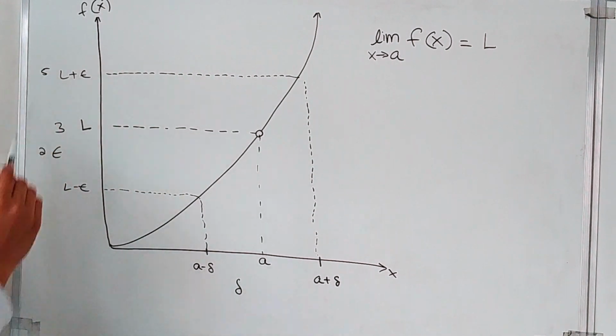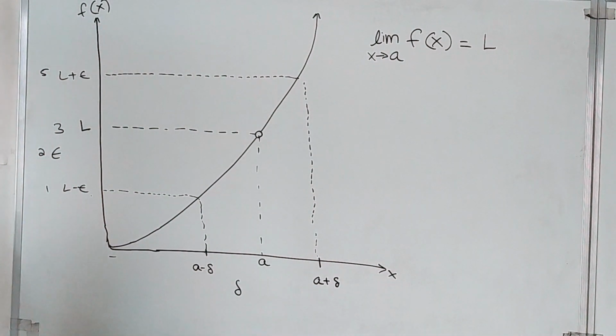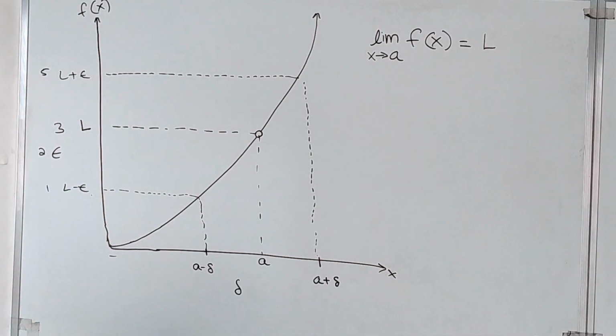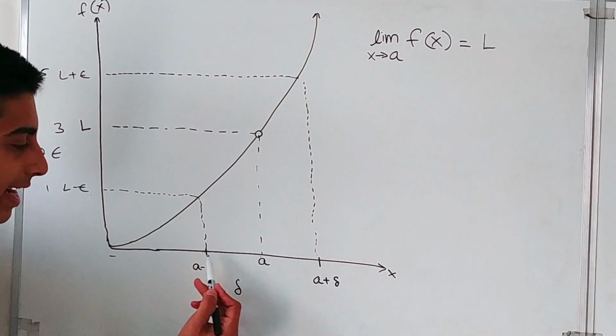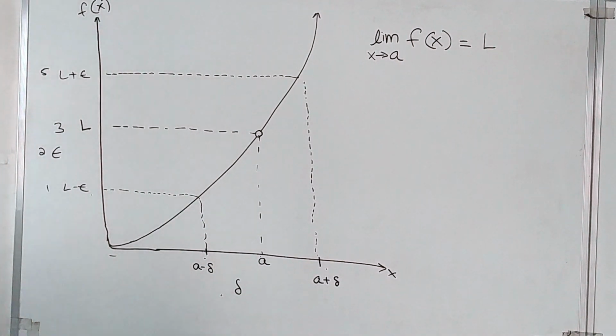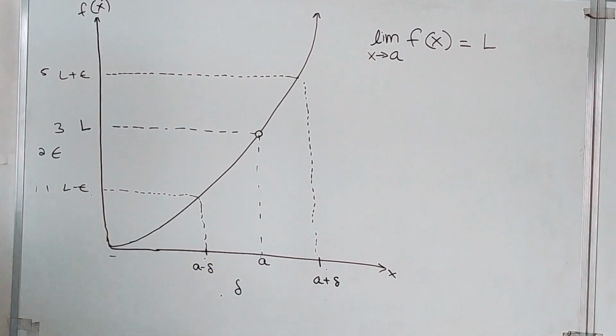So this is 5, and that is 1. Just making up random values over here. So what the second player now must do is find a value, calculate a value of delta, such that if there are any x values in the range of delta, this entire range right over here, there will be a corresponding f of x value that is within this range.